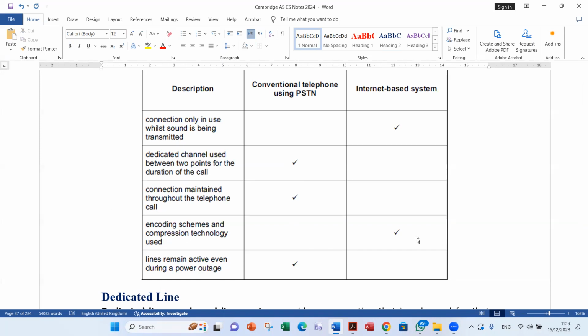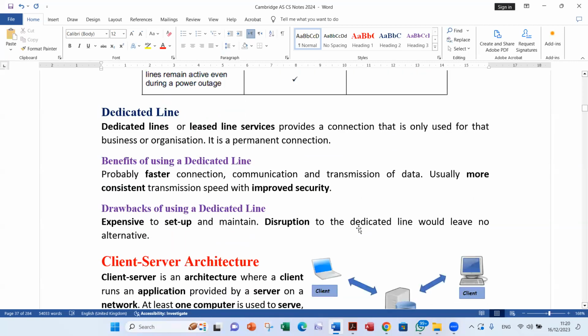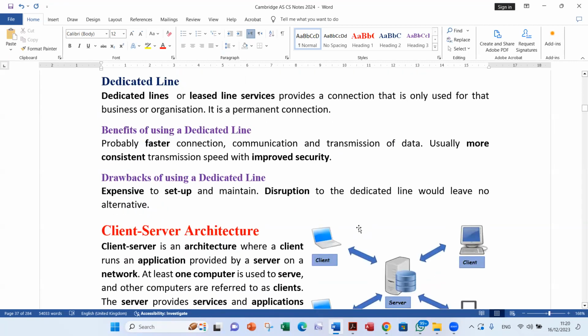Data is compressed and encoded and maybe encrypted. Line remains active even during a power outage, because sometimes when electricity goes off, the telephone line is still on. Okay. What else? Let us go a little bit further and see where we can stop.